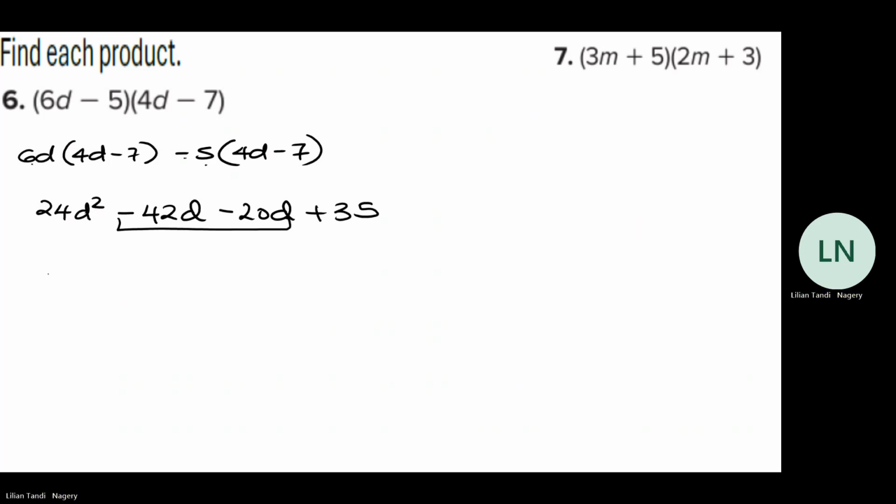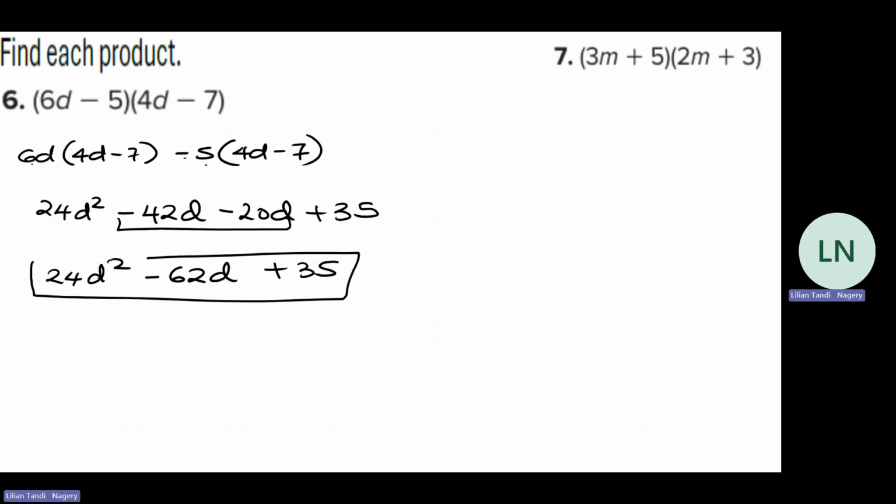Like terms, 24d squared, 62d, but negative. -62d plus 35. And you box your answer. Okay?